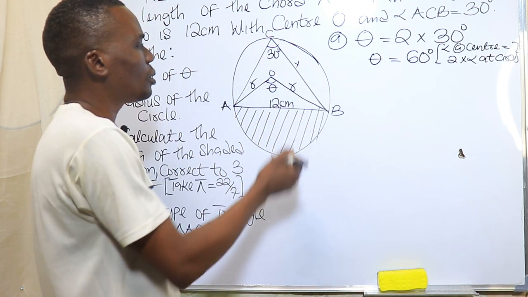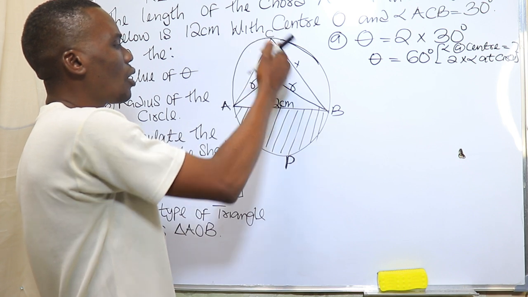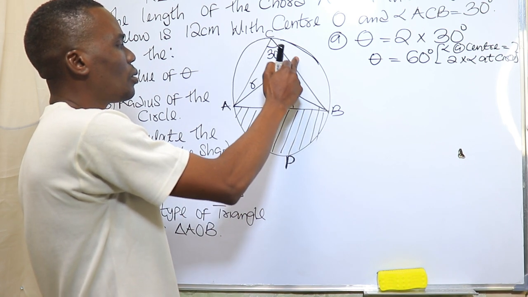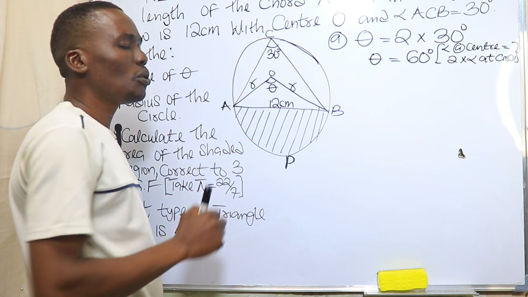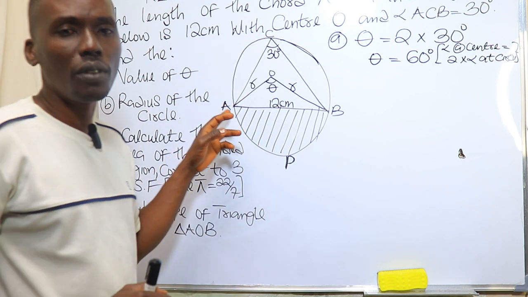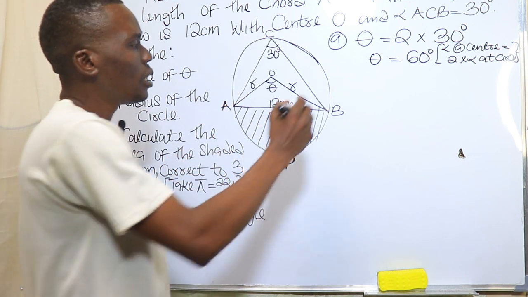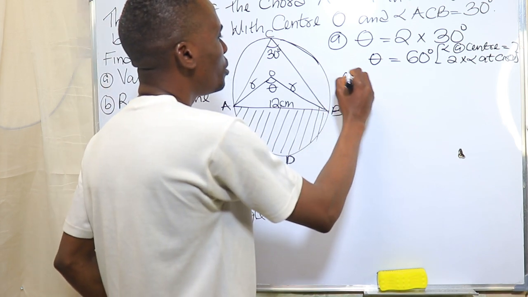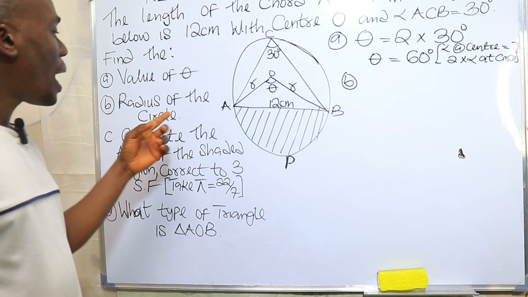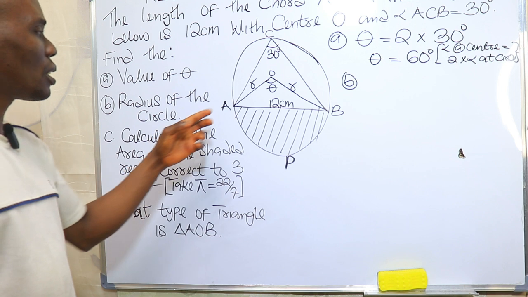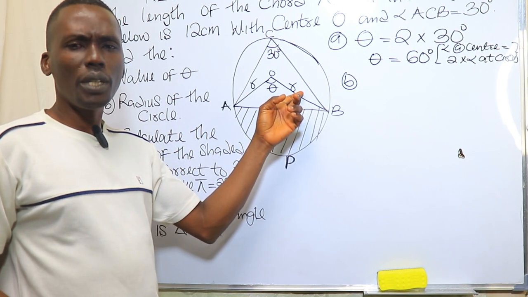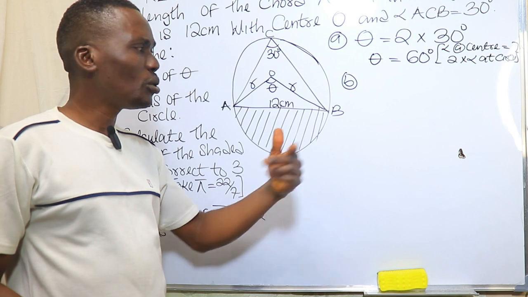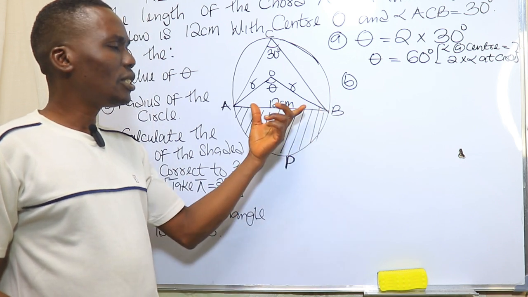This is not a radius because it is taken from the circumference to another point on the circumference of the circle. So we have 2 radii. We are asked to calculate the radius of the circle, and the radius here must be equal to this radius. So what we are going to do is to look at this triangle.